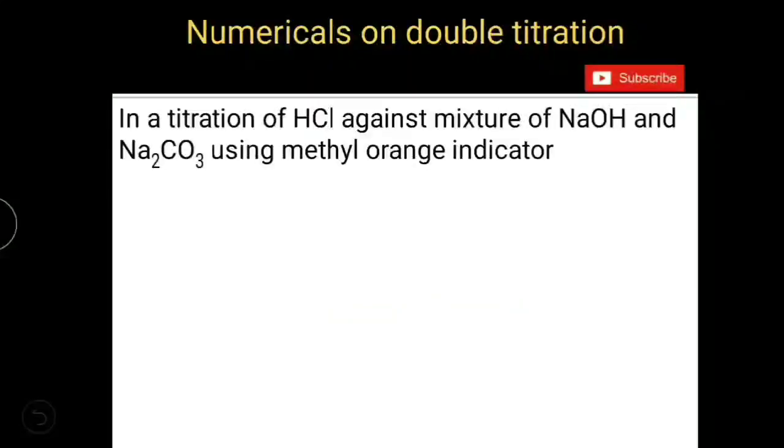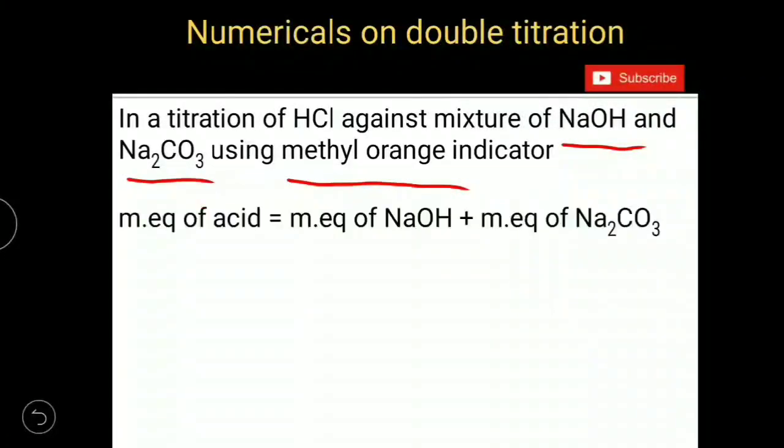And when we come to titration of HCl against a mixture of NaOH and sodium carbonate using methyl orange indicator, methyl orange is able to identify the complete neutralization of sodium hydroxide and complete neutralization of sodium carbonate. That's why here milliequivalents of acid will be equal to the sum of milliequivalents of sodium carbonate and milliequivalents of sodium hydroxide.